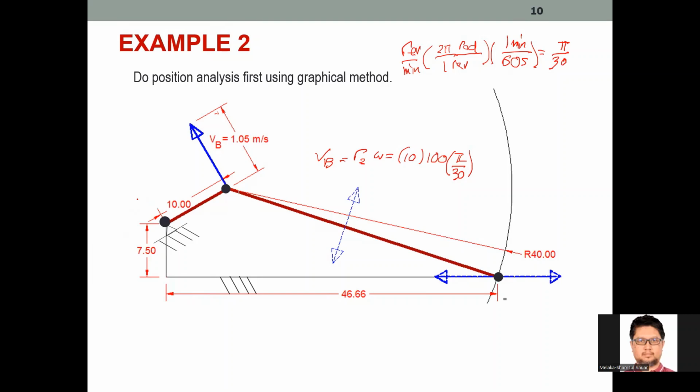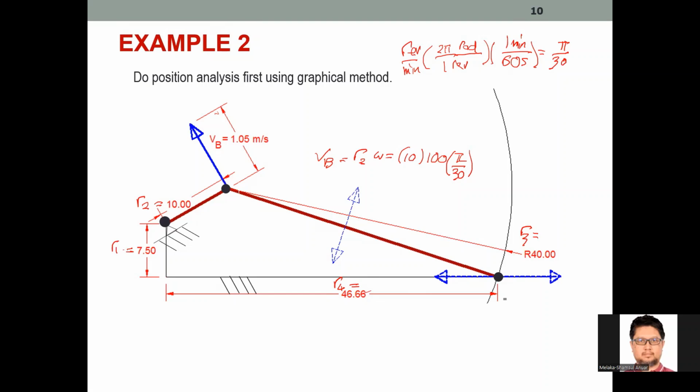Suppose R2 is 10 cm, and this is R1, 7.5, and all the way here. This should be your R3, and this is R4. That is something that we should be able to solve for.